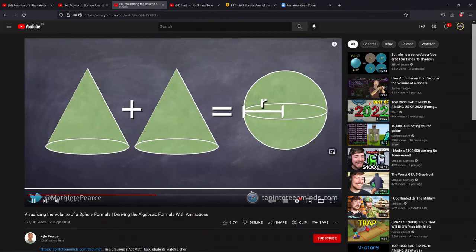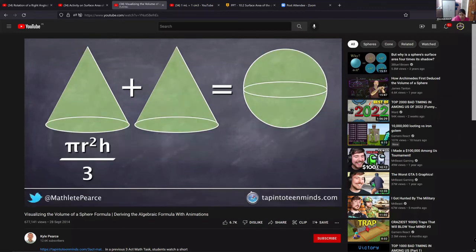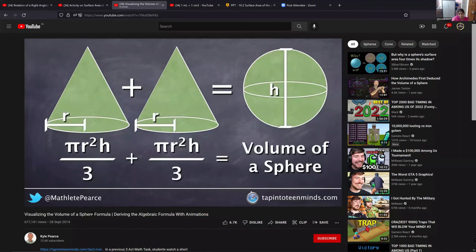So 1/3 pi r square h plus 1/3 pi r square h. And here h is the same as the diameter of the sphere. Height of the cone is the same as the diameter of the sphere.